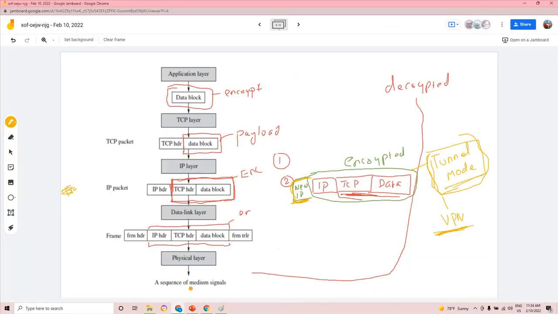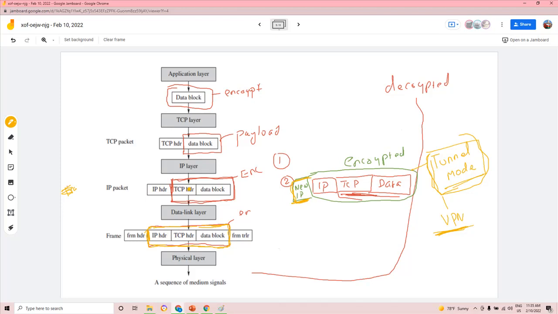So please students, when you fix the encryption or authentication at the data link layer, understand that this is the payload, this is the frame header, this is the frame trailer. The payload will be encrypted. So it will protect the frames.